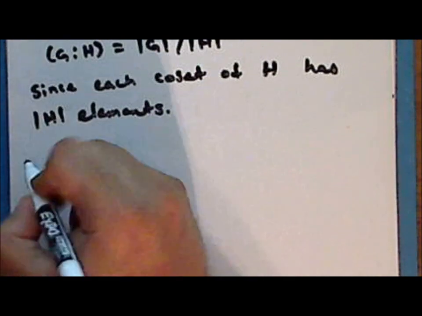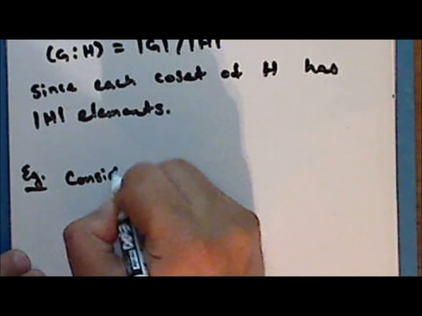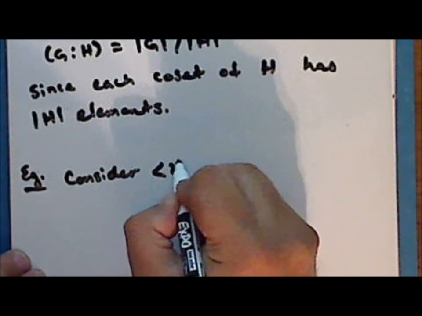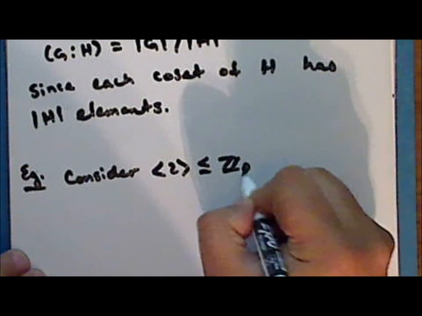So let's look at an example. Consider the cyclic subgroup generated by 2 of the group of integers modulo 8.